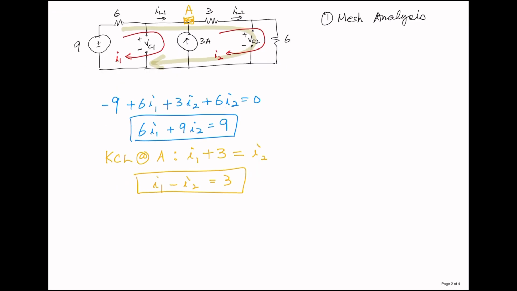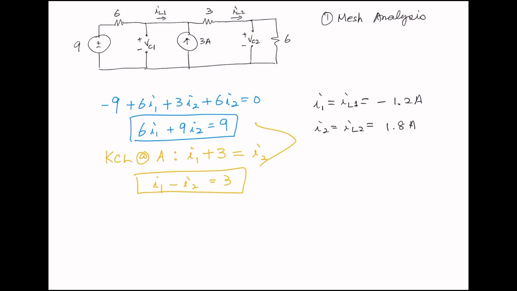Now, using these two equations and your calculator, we can get I sub 1, which is the same as IL1 equals -1.2 amp, and I sub 2, which is IL2, and that is 1.8 amp.